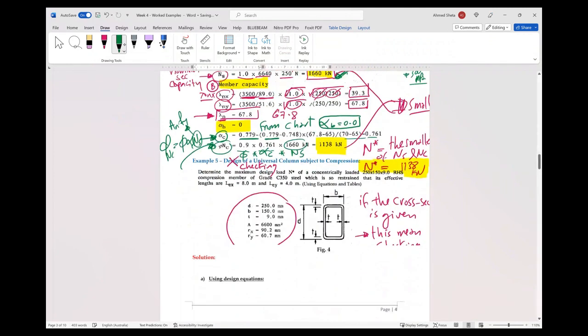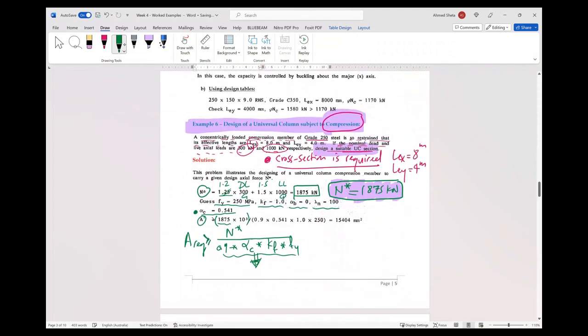So what they have used here to find the area required is to divide N star over the formula of phi NC to get the required area. So the required area will be 15,404 millimeter squared.